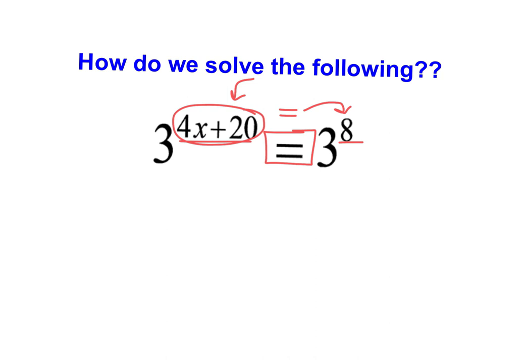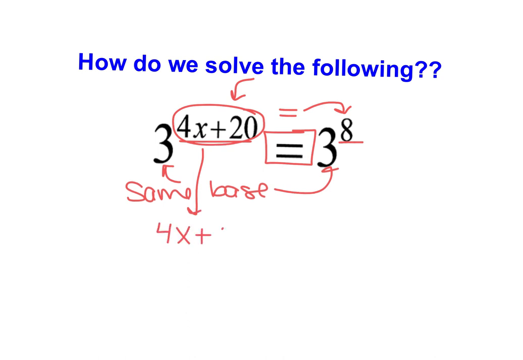So if we have the same base with this equal sign in between, we can actually set their exponents equal. If we're saying 3 to the power of something equals 3 to the power of something, then the only way this equation will be true is if those two exponents have exactly the same value.